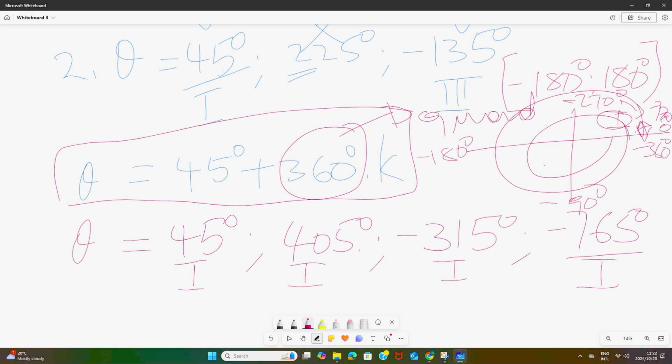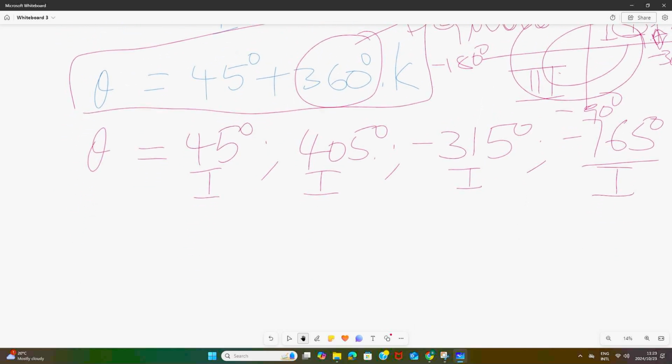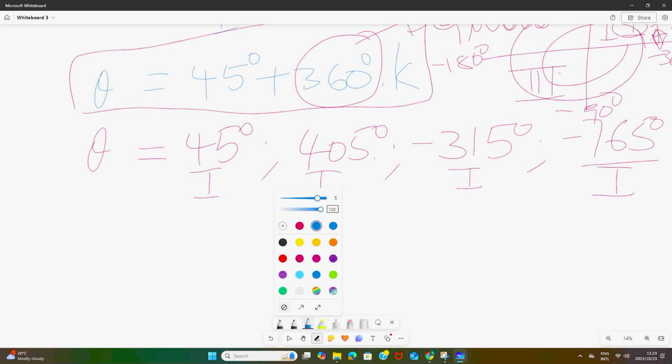Tan is not only positive in the first quadrant, it is also positive in the third quadrant. Therefore, it doesn't work for 360 to have one solution only. It also needs the second solution, of which our second solution was the angle theta in the third quadrant.